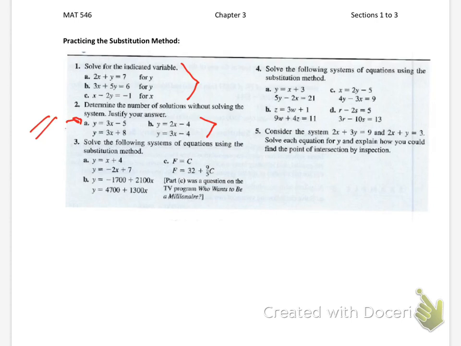Okay, question 3 says solve the following system of equations using the substitution method. Okay, so let's just talk this through. What if I take the 3a, and wherever I have a y, I plug in x plus 4. So that's going to eliminate this y.